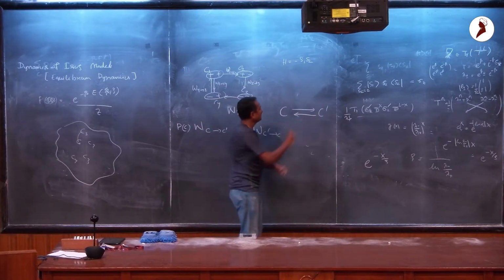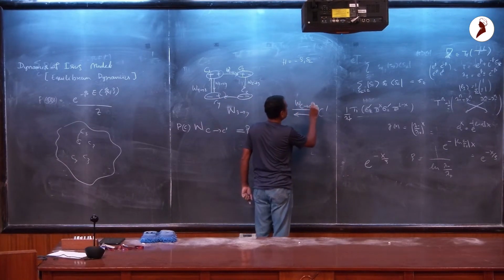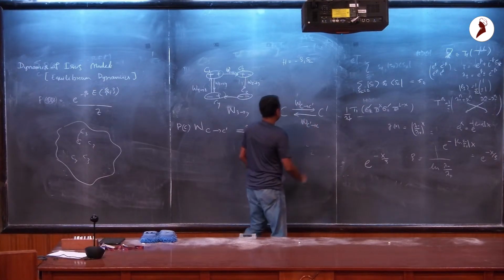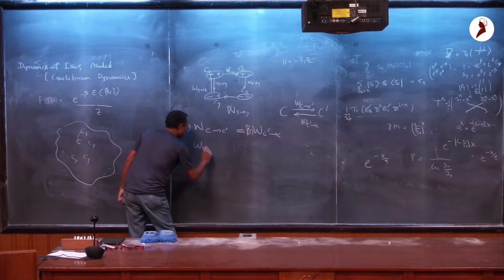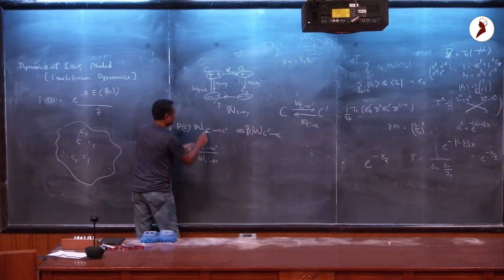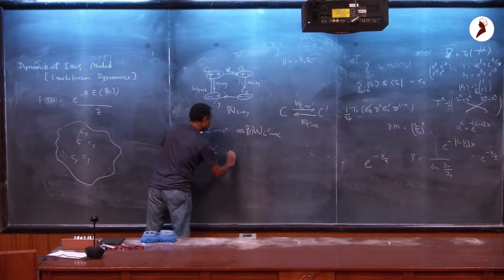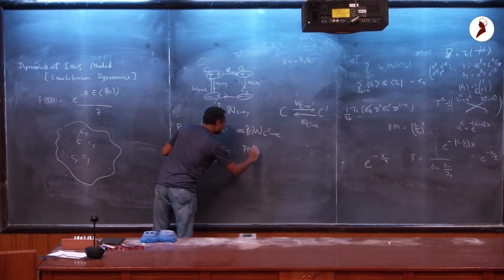This must be satisfied. So this implies that W(C to C prime) divided by W(C prime to C) is equal to P(C prime) divided by P(C).